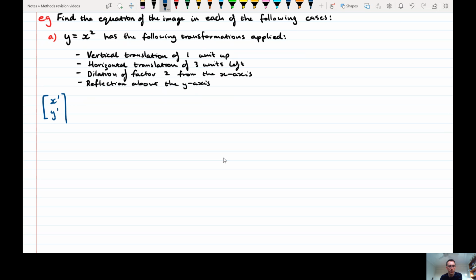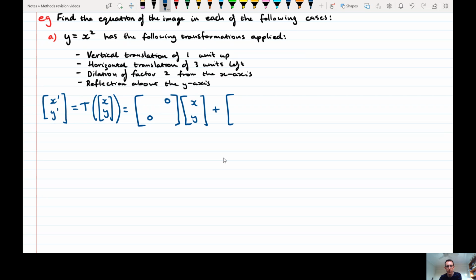So x dash, y dash is the transformed version of x and y, and that equals our matrix. We've got 0 there and 0 there. You've got x, y here, and then you've got your C, your D there. So dilations go here, translations go in there.